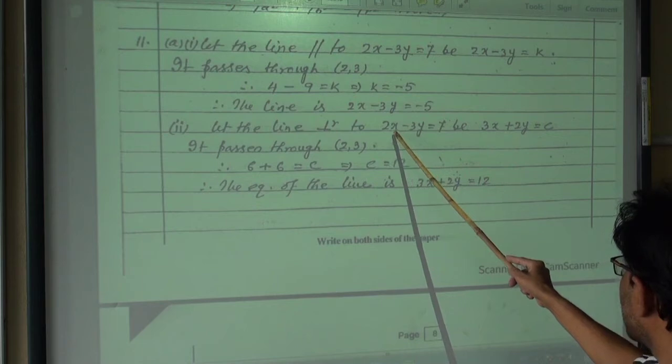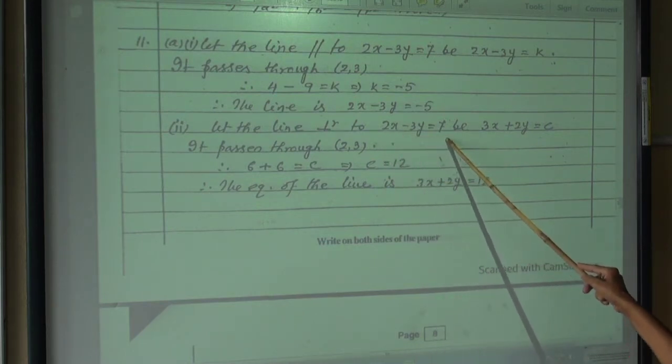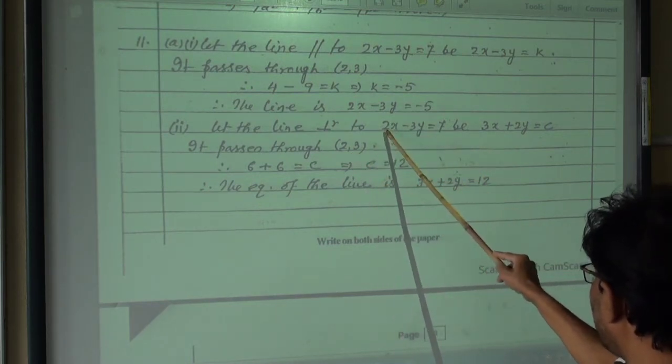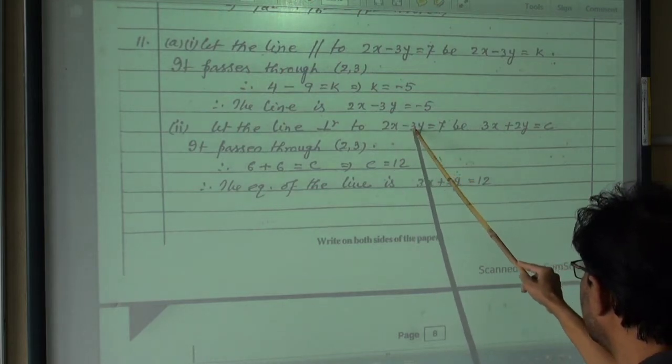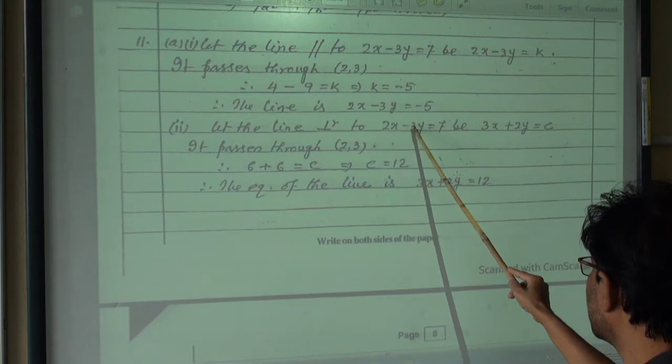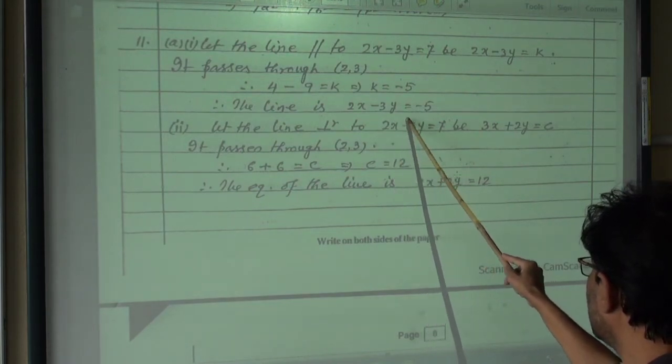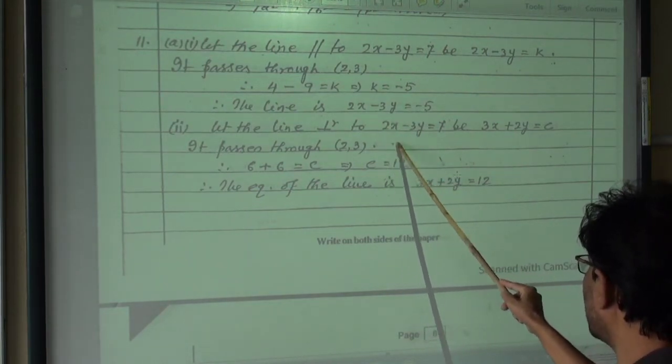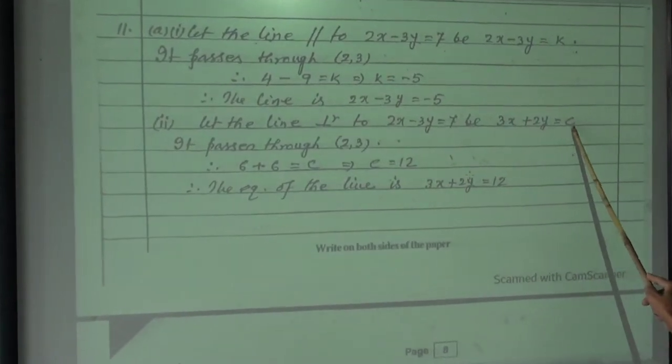Similar question, perpendicular to this, passing through this point. Perpendicular to this, how to write? I said to interchange the coefficients of x and y. 3 will come here, 2 will come here. You have to change the sign. So perpendicular to this will be 3x plus 2y is equal to c.